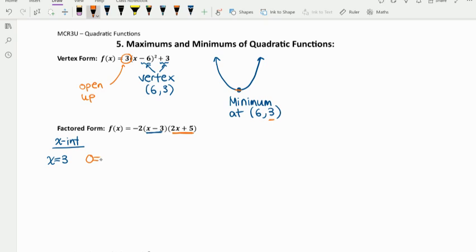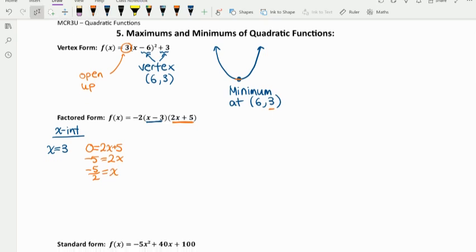So we can just set it as 0 equals 2x plus 5, and then solve for x. Negative 5 equals 2x. Negative 5 over 2 is equal to x. So there's my two x-intercepts, 3 and negative 5 over 2.